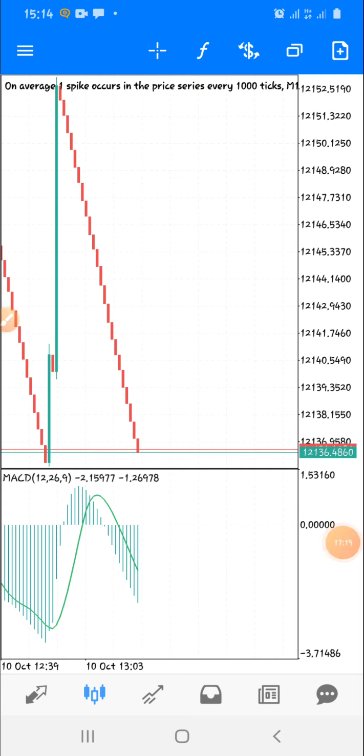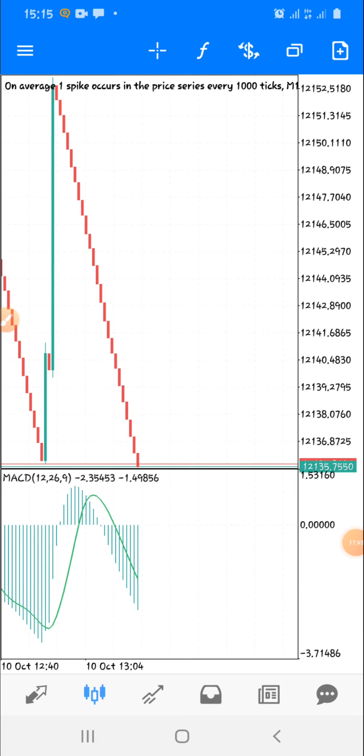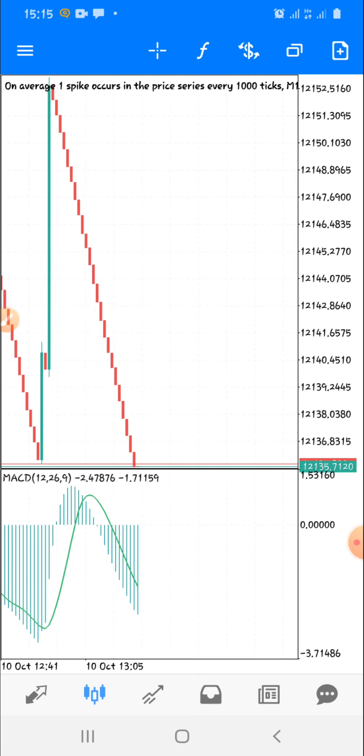So if we talk about divergence, it is able to tell you the true breakout. It is able to tell you the true momentum and also the true reversal of the market. So when we talk of divergence, it is when the market is able to tell you the exact ending points of the trend.